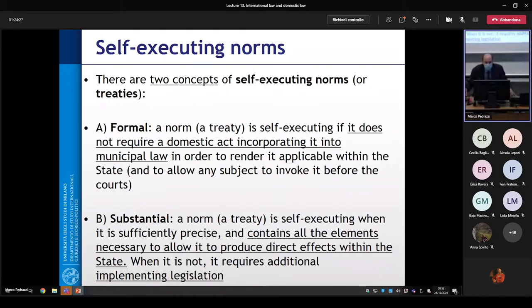In that sense, a treaty or an international norm is self-executing in the sense that it does not require a domestic act incorporating it into municipal law in order to render it applicable within the state. And in order to allow any subject, so even any citizen, any individual to invoke that rule before the courts, I mean before the national courts.